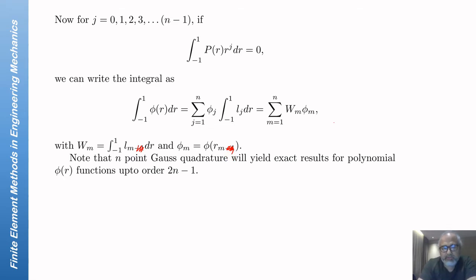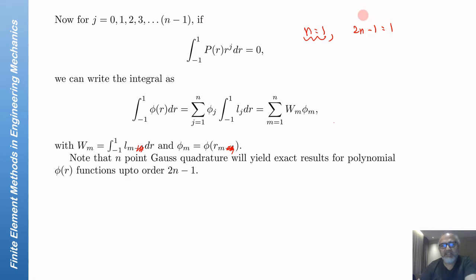What we also see from here is that n-point Gauss quadrature will yield exact results for polynomial functions up to the order 2n minus 1. So if n equal to 1, then 2n minus 1 is equal to 1. So first order Gauss quadrature, single point Gauss quadrature, will exactly integrate linear functions only.